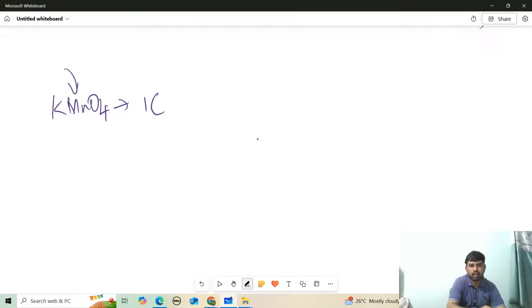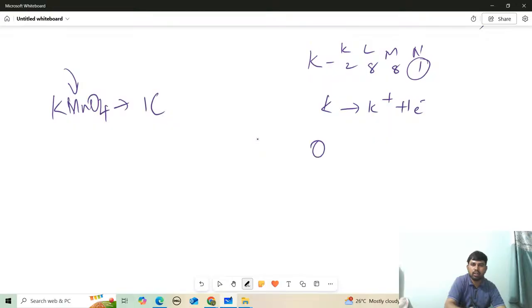Potassium has K shell 2, L shell 8, M shell 8, and N shell 1, so it wants to lose one electron and forms K+. Similarly, oxygen has K shell 2 electrons and L shell 6 electrons. It wants 2 electrons, so oxygen always wants to gain 2 electrons and forms O-2.